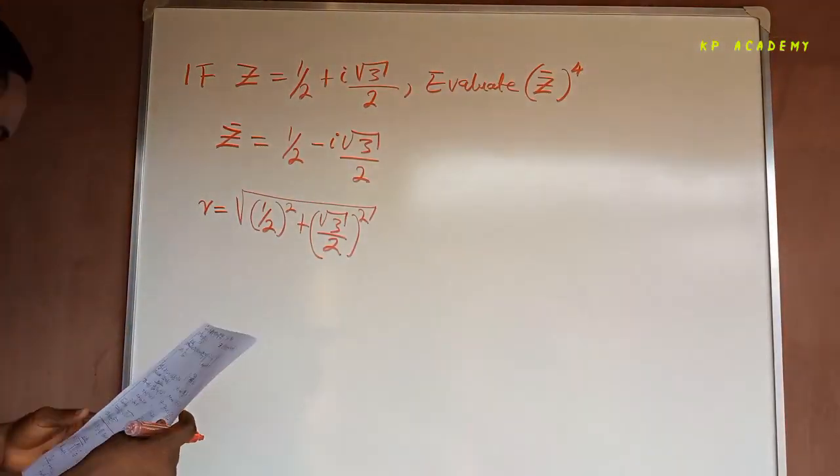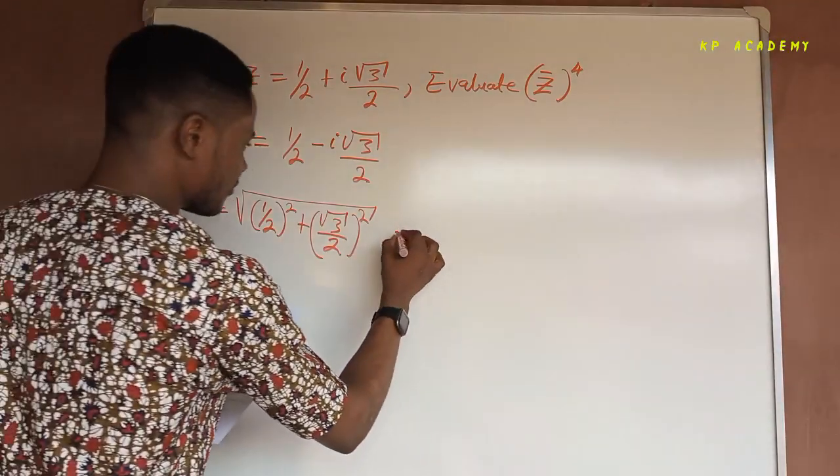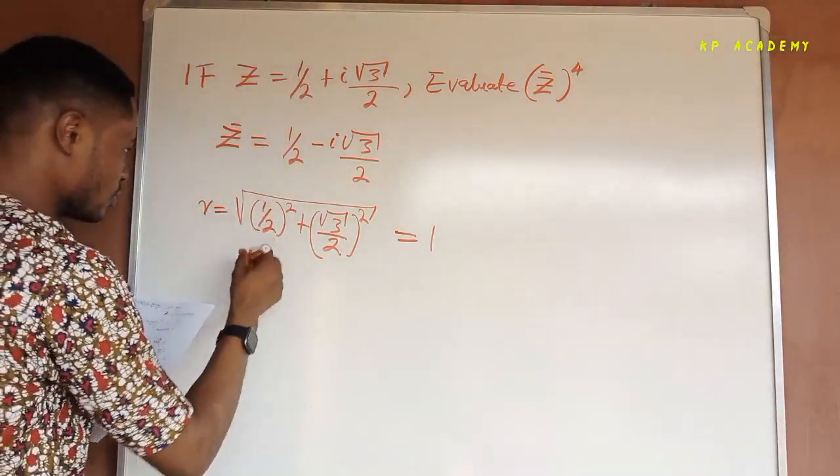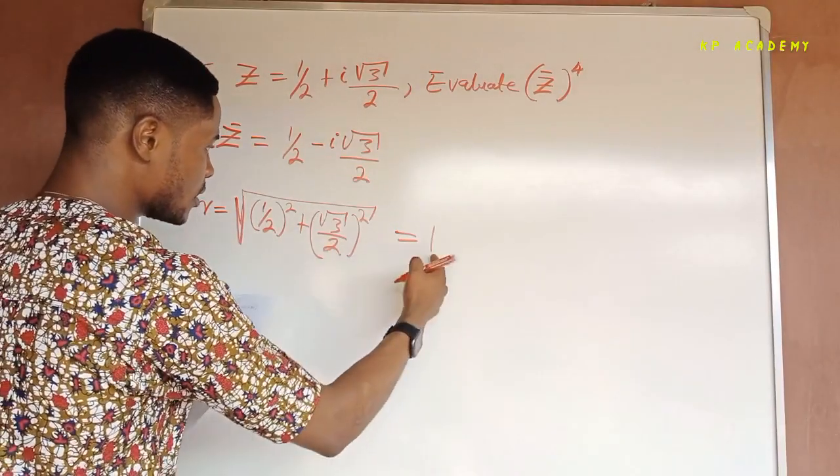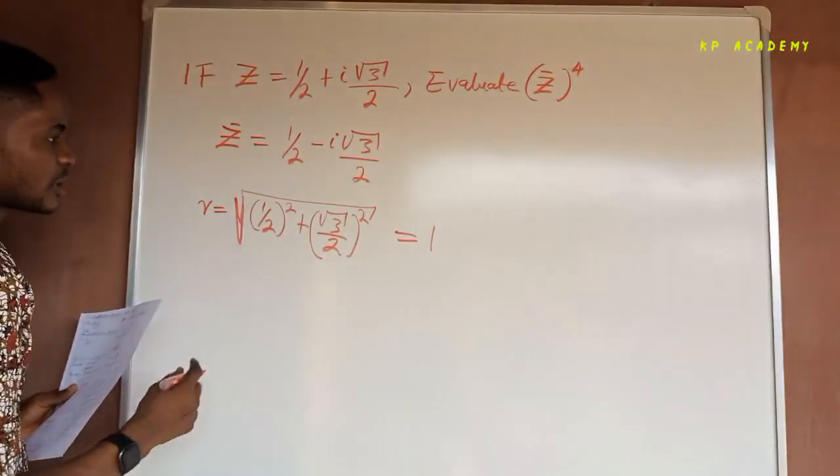If we evaluate the whole of this, we should be able to have 1. You can try it out with your calculator.